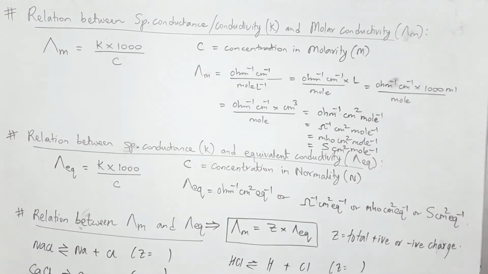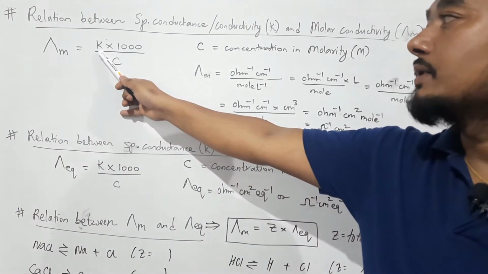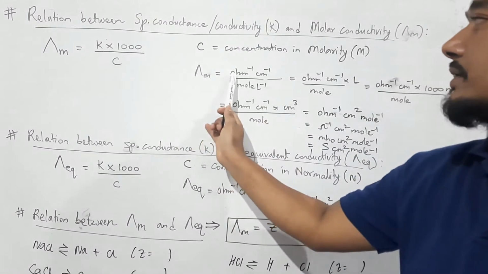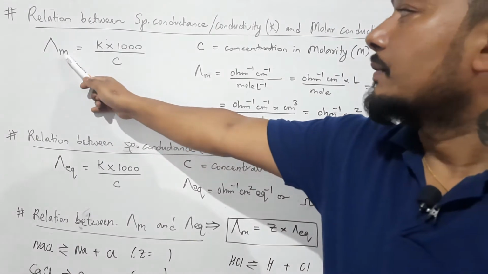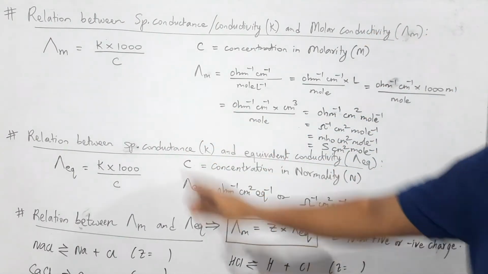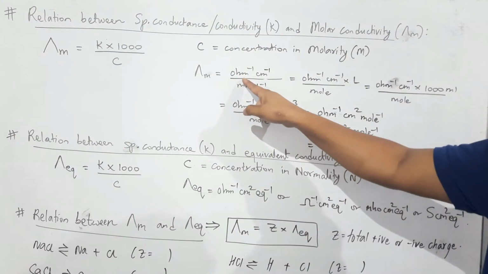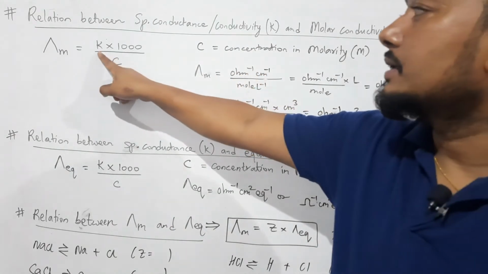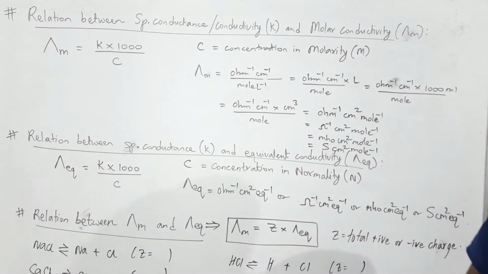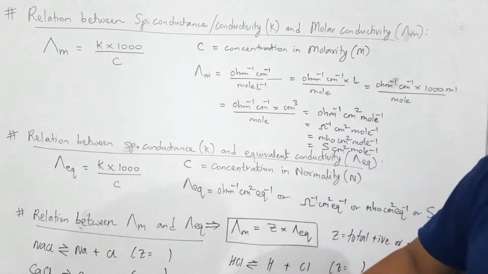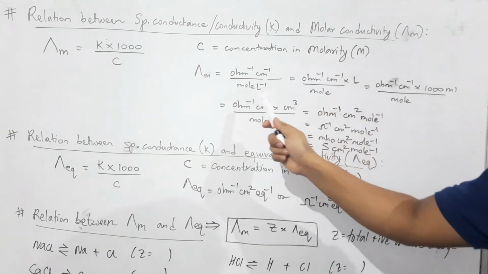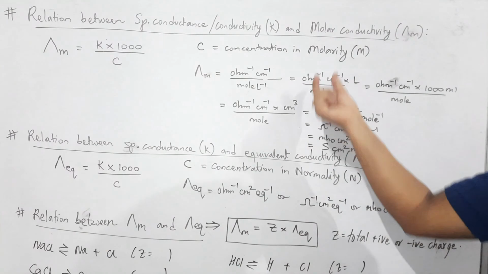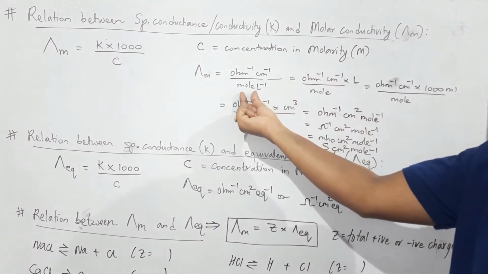Now we are going to see the unit of lambda m. In my last class, I already told you the unit of kappa is ohm inverse centimeter inverse. 1000 is a number, so there is no need to write its unit. The concentration unit is molarity, capital M, which also means mole per liter, or mole liter inverse.